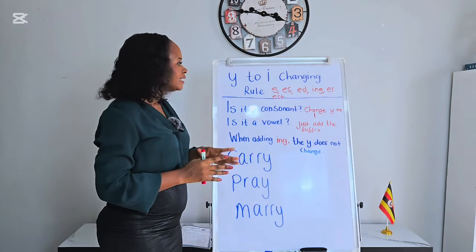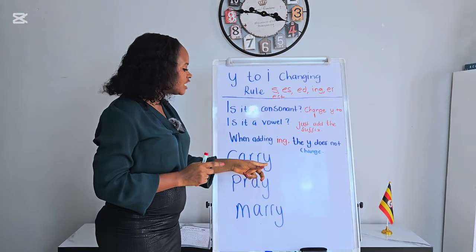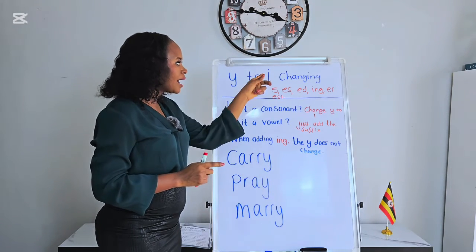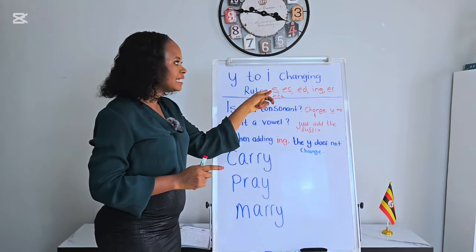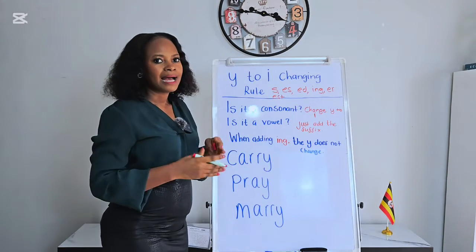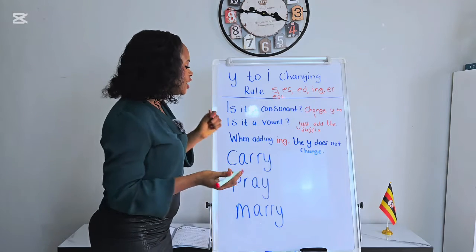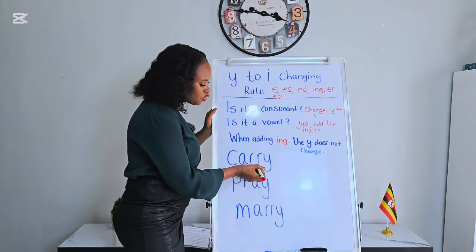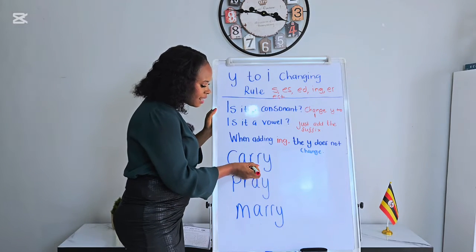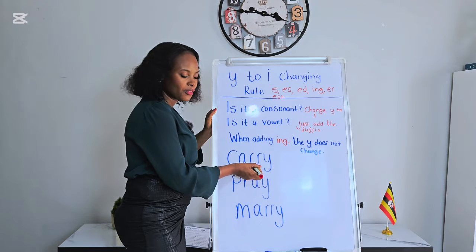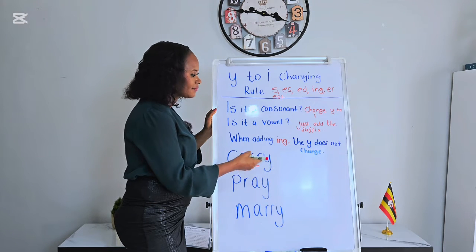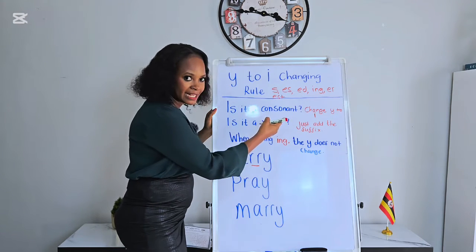Now friend, sometimes you have to change the letter Y to I before you add any of these suffixes. How do you know? Well, the answer is simple. You have to pay attention to the letter before the Y at the end. Is it a consonant?